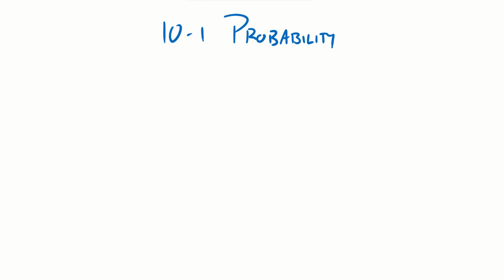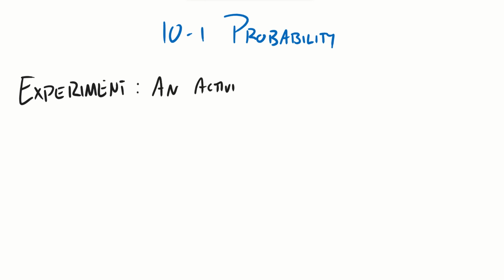So, when we talk about probability, most of the time what we're talking about is what we call an experiment. This is an activity where results occur.